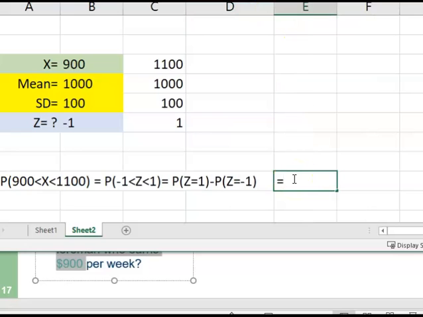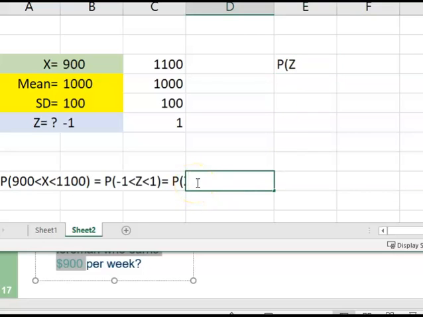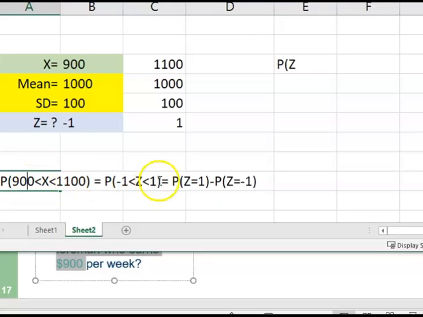Equal to, or maybe we can calculate them here first. Probability of z to be less than 1, minus the probability of z less than -1.